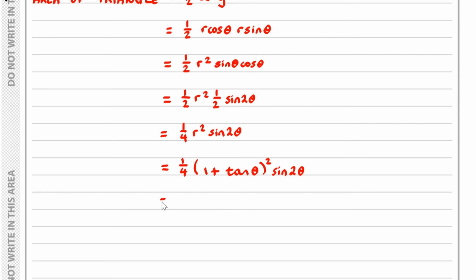So, replacing theta with pi over 4, we've got 1/4 times by 1 plus tan of pi over 4 all squared, times by the sine of 2 times by pi over 4.